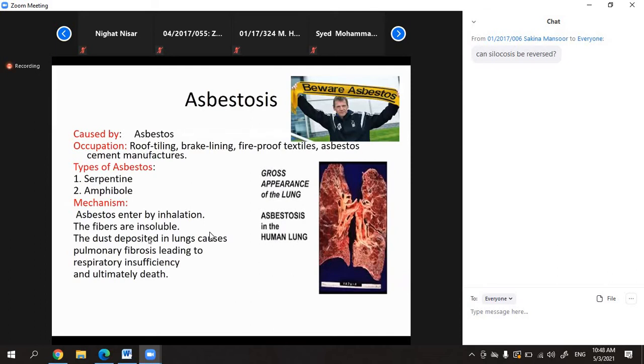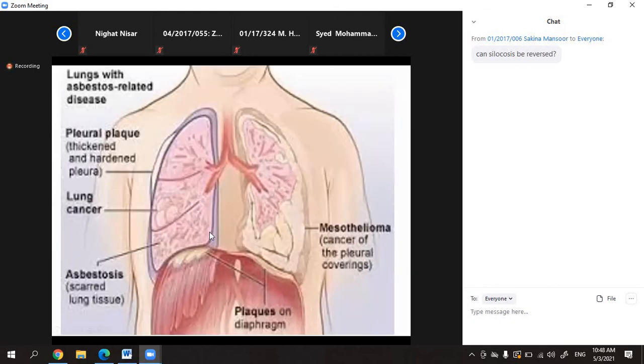So again, this is an important kind of pneumoconiosis. This shows lungs with asbestos-related diseases. You can see pleural plaque, and when the exposure is massive, after massive progressive fibrosis, it leads to mesothelioma, which is a lung cancer, and it's also called cancer of the pleural coverings.